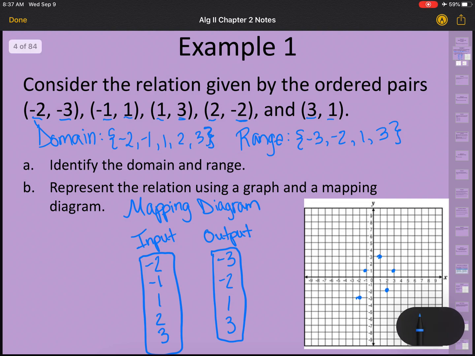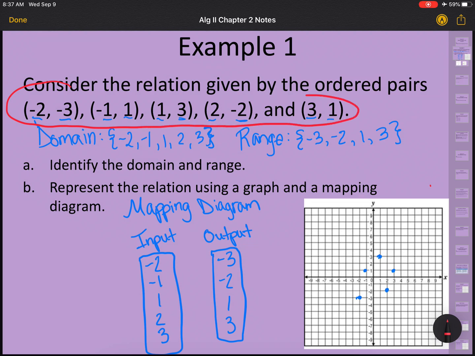From there, all we have left to do is draw our arrows, or a map. So how I do this is reference back to my ordered pairs and draw my arrows corresponding from each x value to each y value. So -2 went to -3, -1 went to 1, 1 went to 3, 2 went to -2, and 3 went to 1. So there's our map.